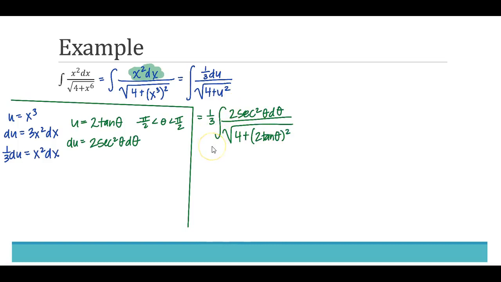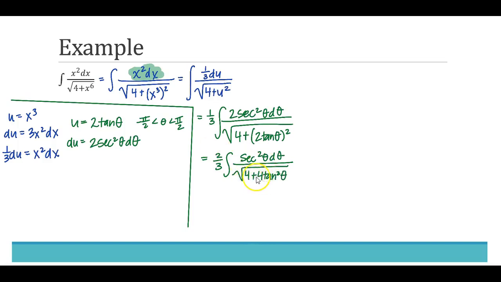So what we can go ahead and do now is I can pull this 2 out to the front, so I have 2/3 the integral of secant squared theta d theta. Underneath the square root is 4 plus 4 tangent squared theta.